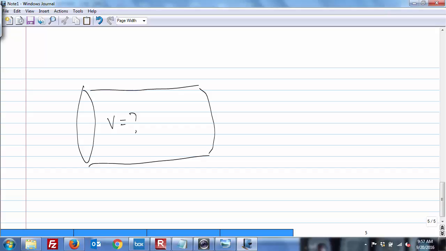So the diameter is 60 meters. This is the diameter, top to bottom. And therefore the radius is 30 meters. What we're really looking at is how much wind actually goes through this thing in 1 second.